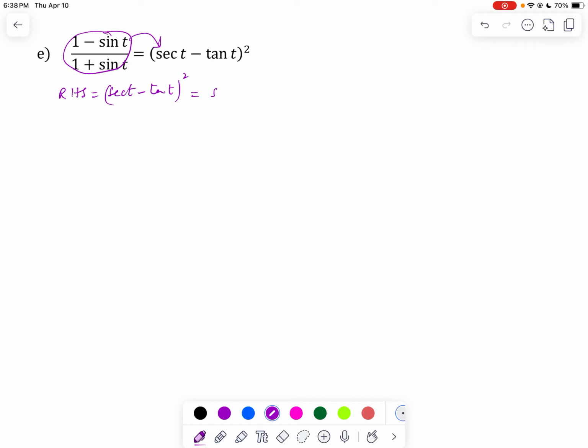So I get secant square t, I'm expanding this quadratic, minus 2 times secant t into tangent t plus tangent square t. I can now write it as 1 over cosine square t minus 2 times 1 over cosine t into sine t over cosine t plus sine square t over cosine square t.